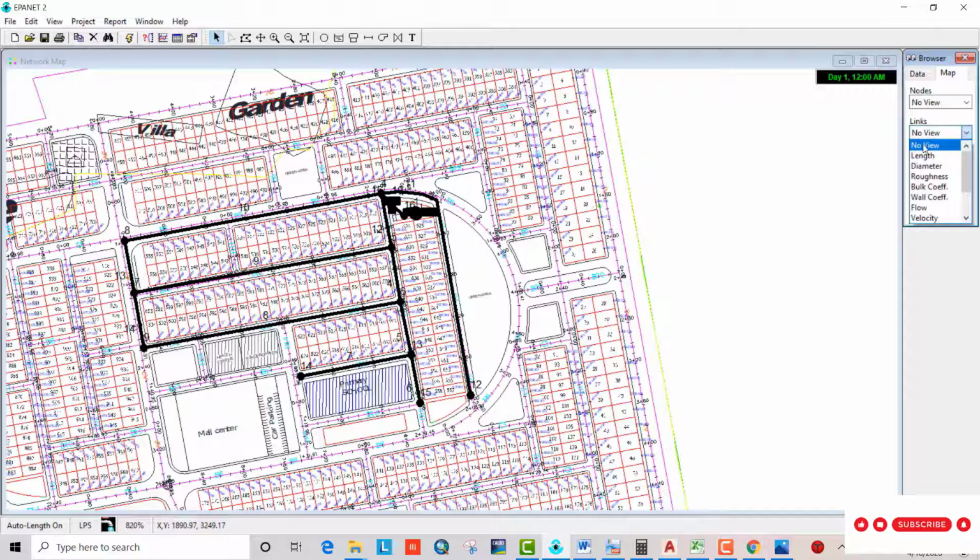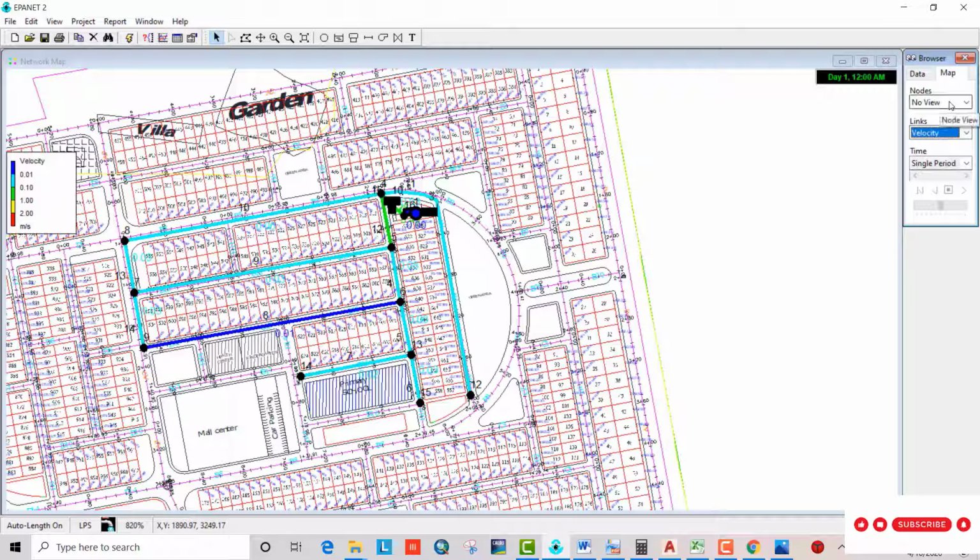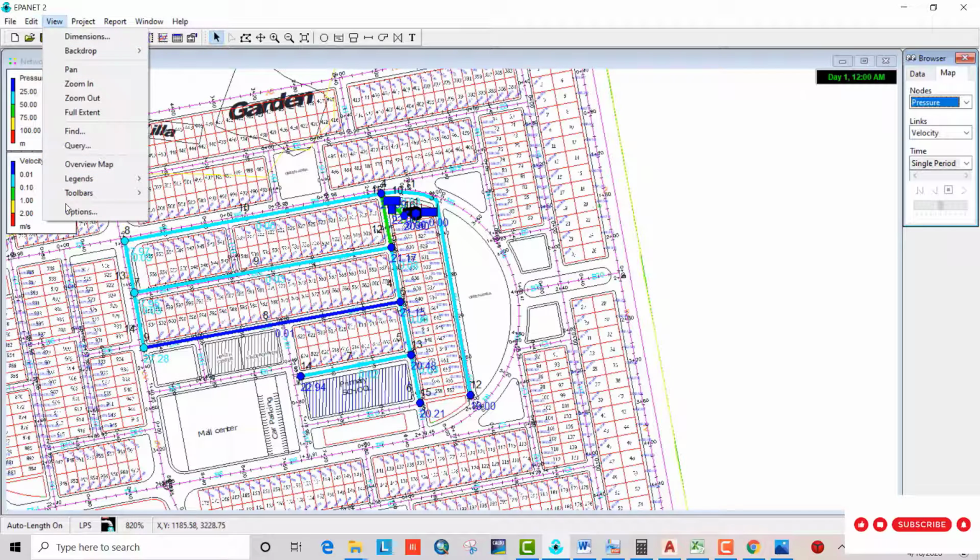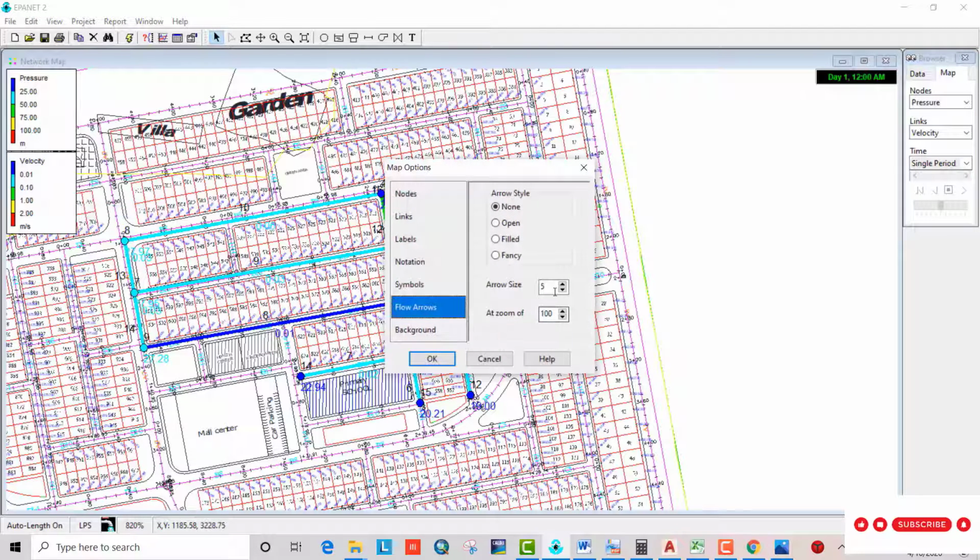Links, map links. You can choose velocity, and notice you can choose pressure. Okay, you see the legends also appeared. You see the color option, flow, open. You can magnify the arrow size.